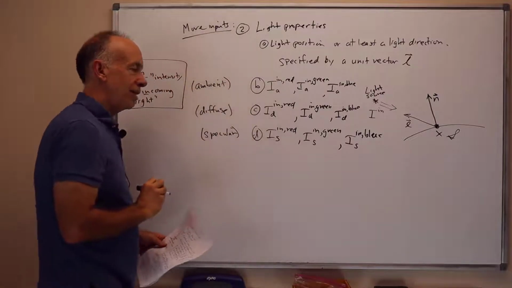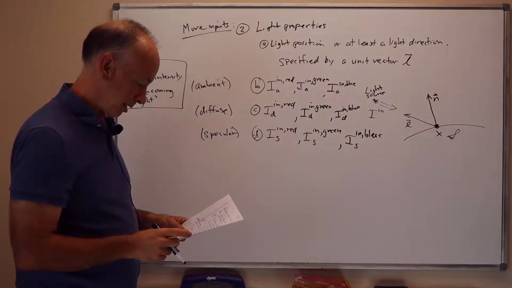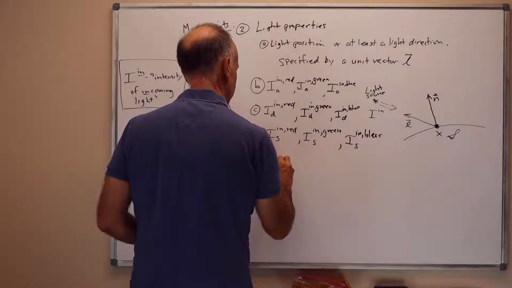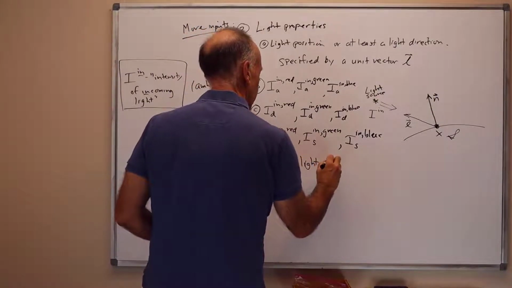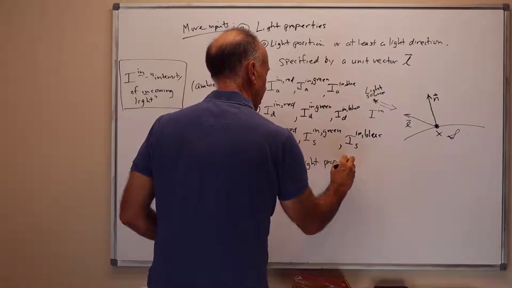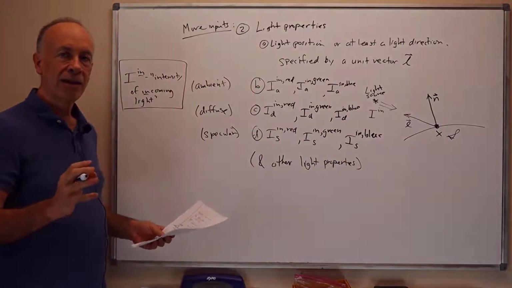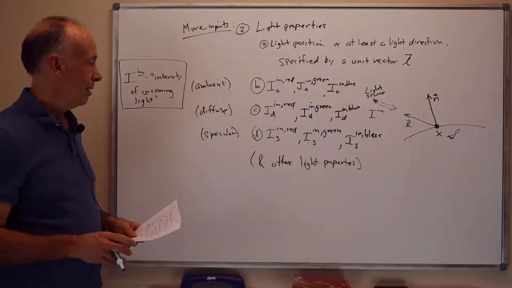These will make more sense once we define the formulas for how to work with these things. And there are other inputs too. In particular, the light might have distance attenuation. It may get less bright the further you get from the light. It could have spotlight effects, etc.